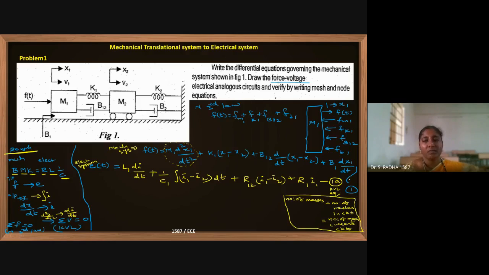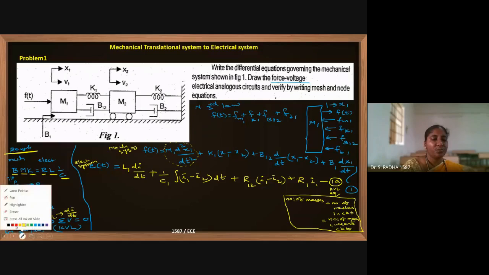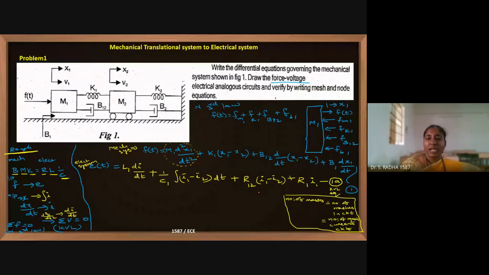In equation 1, on the left side, I have two masses, in the given question and the diagram. In equation 1 also I have written two masses. Now I will try to draw two meshes.